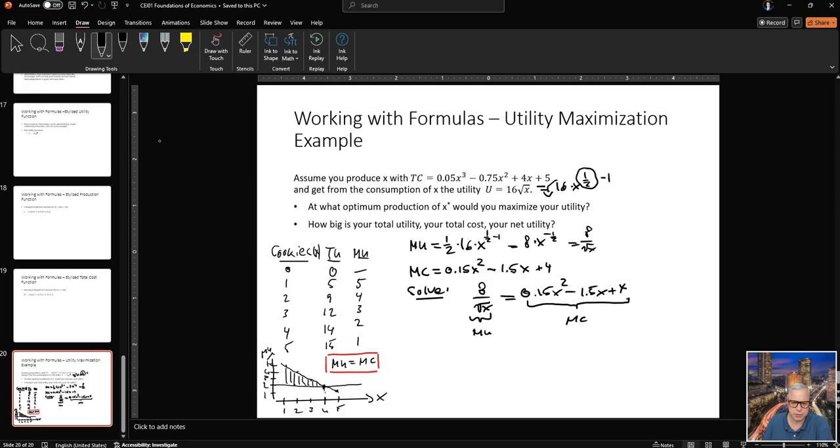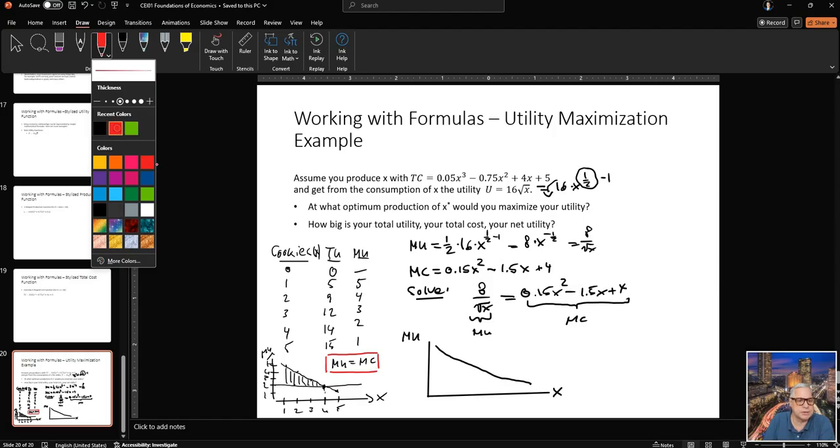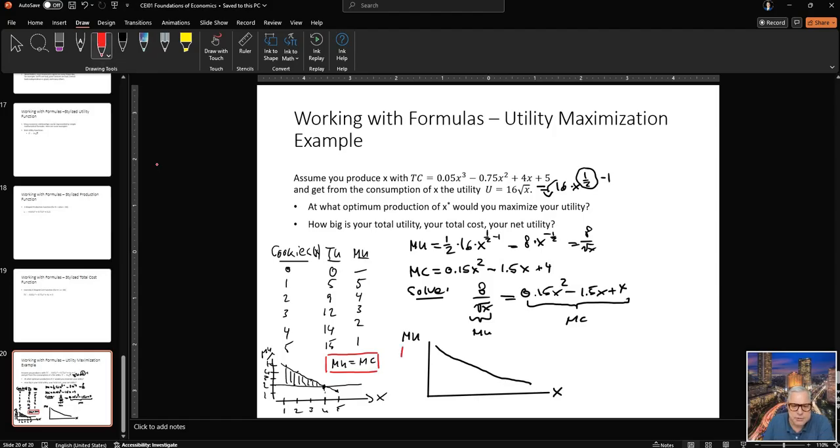We have already drawn those functions, so we can put them into one graph. So we have here the marginal utility, and the marginal utility was a function that looked something like this. And the marginal cost, let's give that a different color, that was a function that looked also something like this.